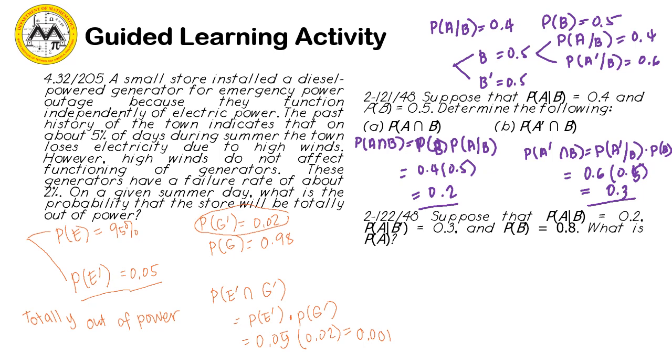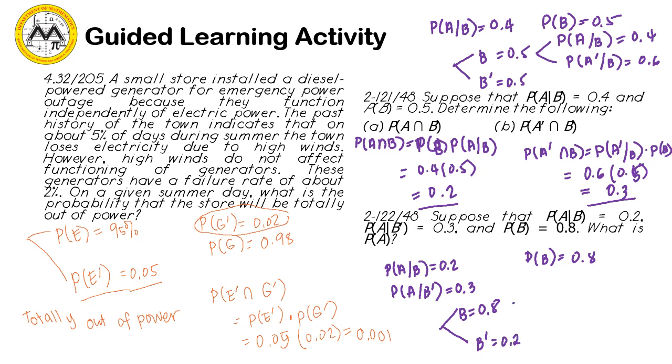Suppose that the probability of A given B is 0.2. The probability of A given B prime is 0.3. And P of B is equal to 0.8. What is P of A? So we have P of B equal to 0.8, so B prime is 0.2.